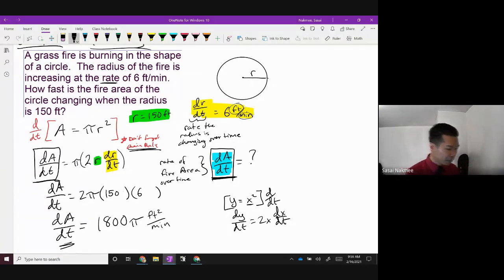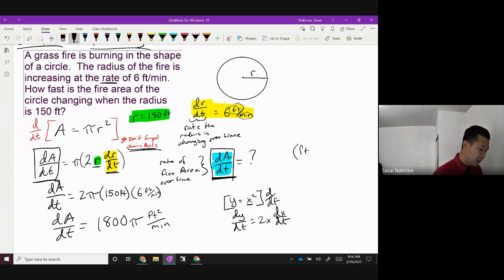If you have taken physics, or you are taking physics, you understand that you can use the units while you're doing the problem to calculate what your units should work out to be. So for example, right here, your r is supposed to be 150 feet. Your dr/dt is supposed to be in feet per minute. If you multiply those units together, you end up with feet squared per minute, which is the units that you ended up with right here.